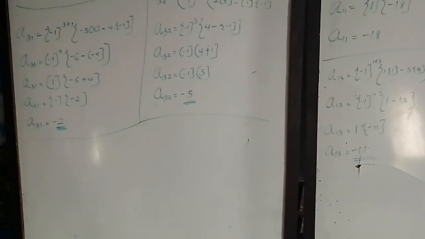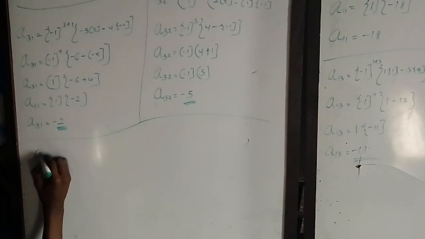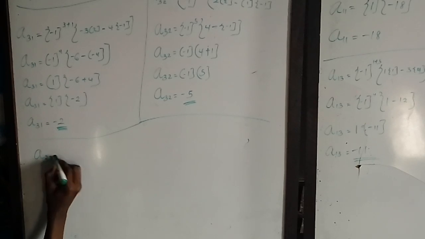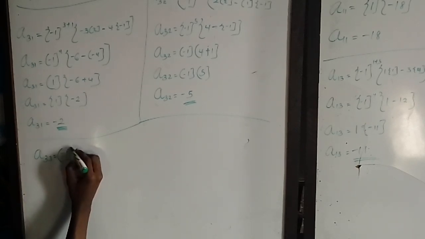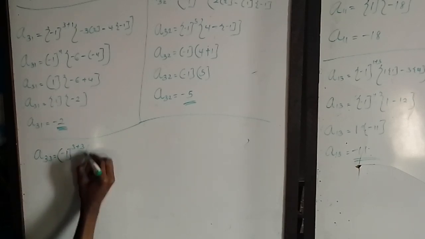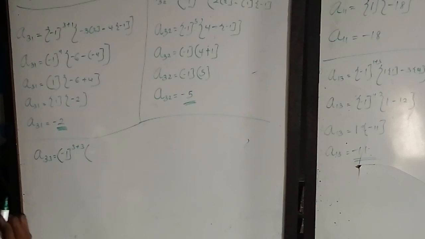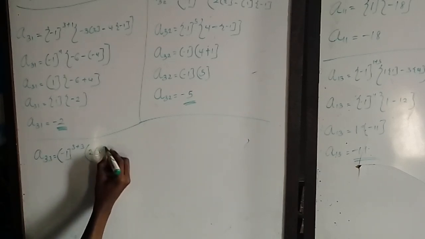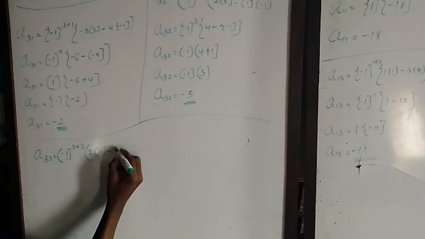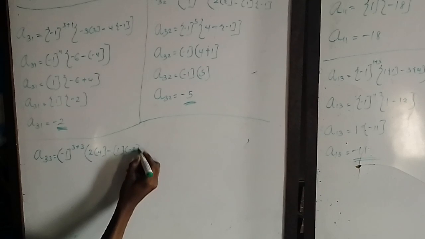So our A33 is what? Always minus is what? Constant. Minus 1 is always constant. We are going to say 3 plus 3. Open bracket. So you are going to say 2 times 4 minus then 1 times minus 3.